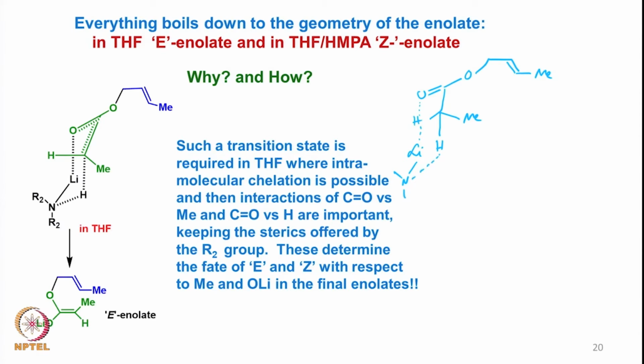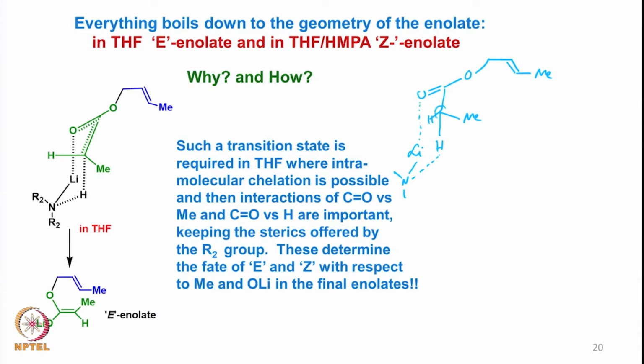So, lithium coordinates with the oxygen here, and then we can write it like this, and this chelation allows the orientation of the hydrogen here to be in this direction, of course.